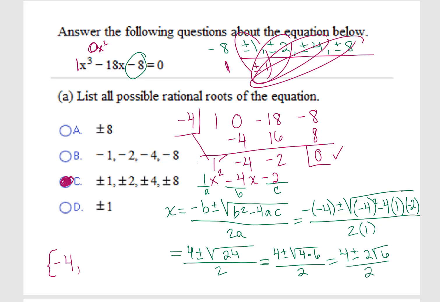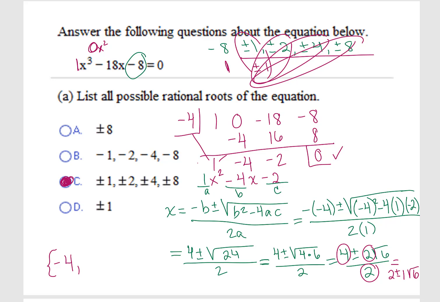And then I'm still not done because I can simplify here. I can divide all those by 2, and I get, sorry, I'm running out of room, 2 plus or minus 1 times the square root of 6 over 1.